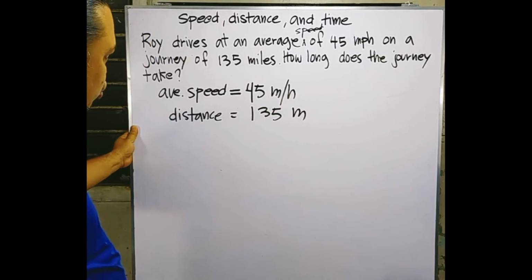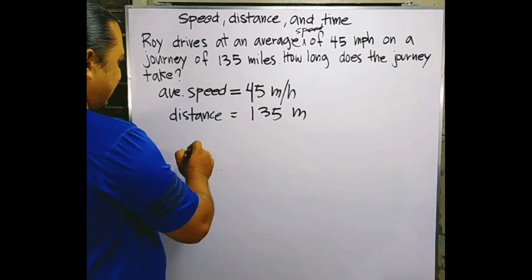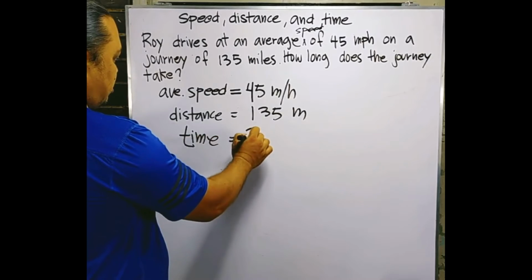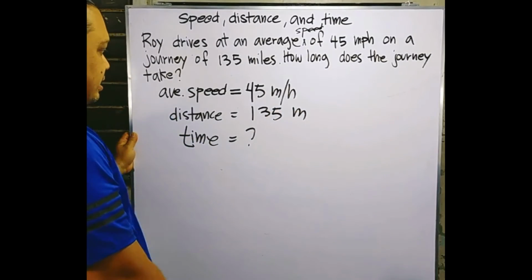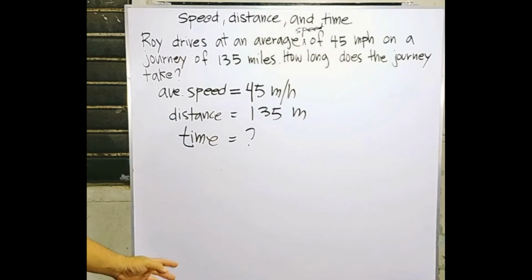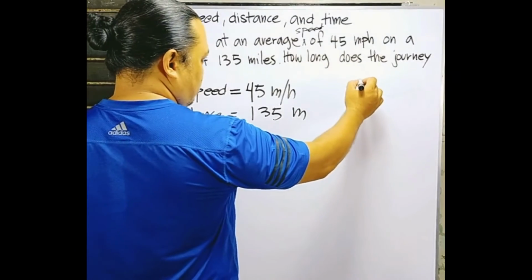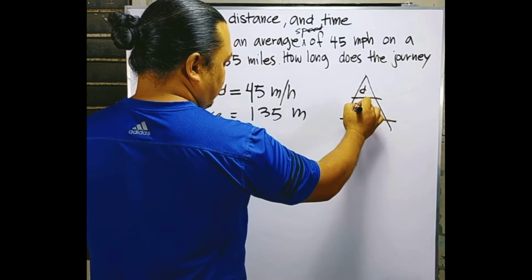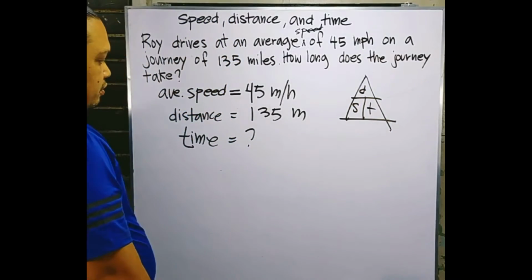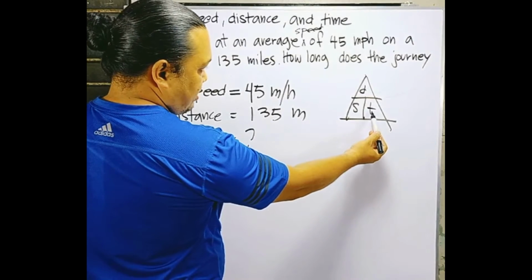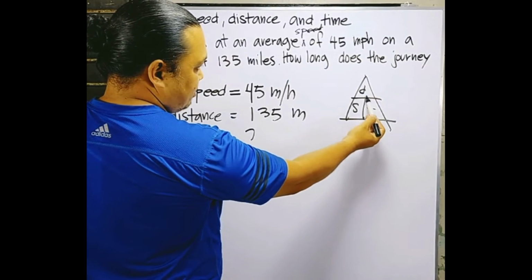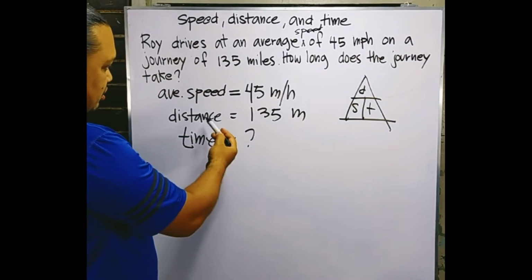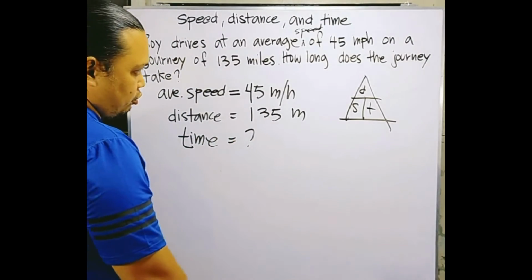We are looking for the time. The question is, how long does the journey take? To use our Tekans triangle, we have D, S, T. Since we are looking for the time, our formula will be distance over speed.